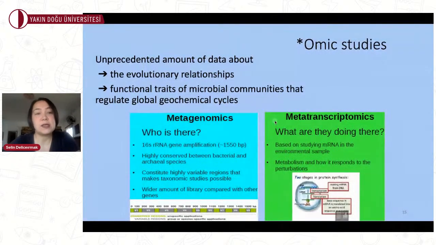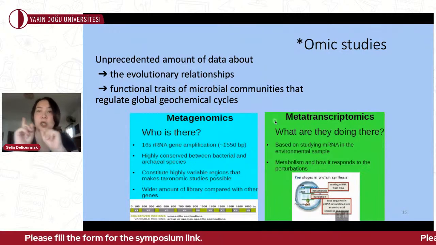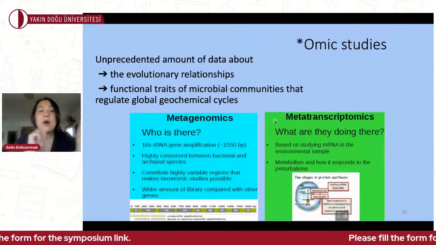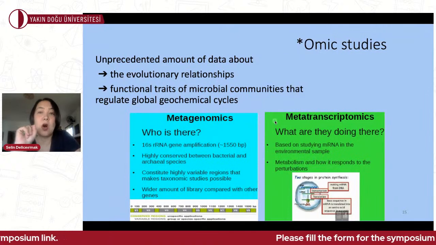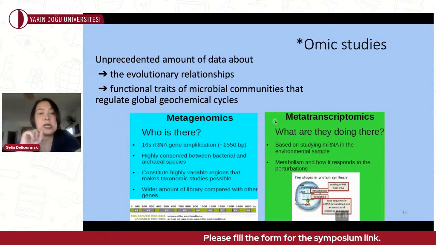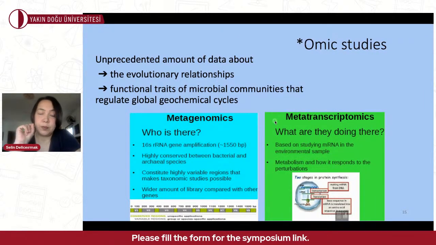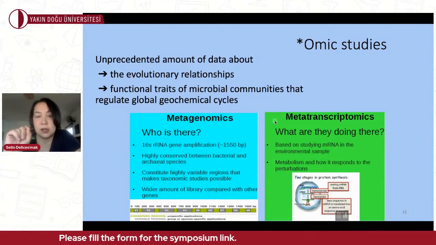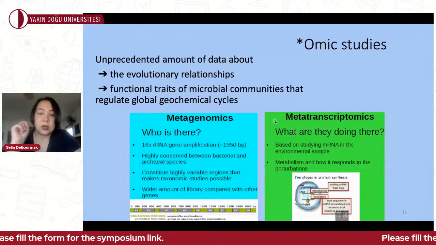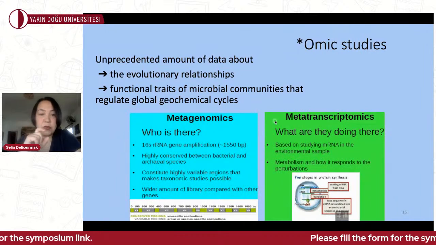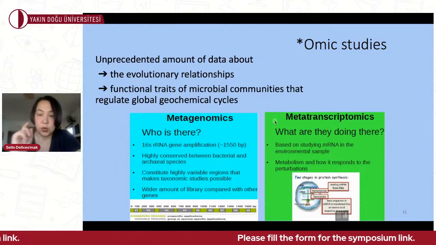These omics studies provide an unprecedented amount of data, specifically about the evolutionary relationships and the functional traits of microbial communities that regulate global biogeochemical cycles. Here I would like to shortly give information about these two techniques.